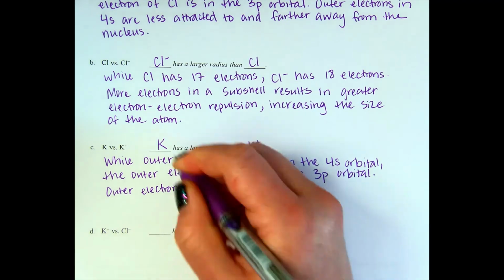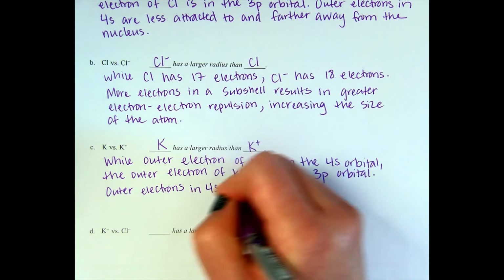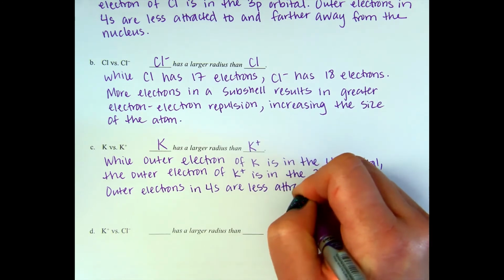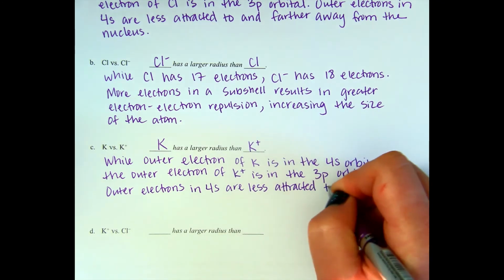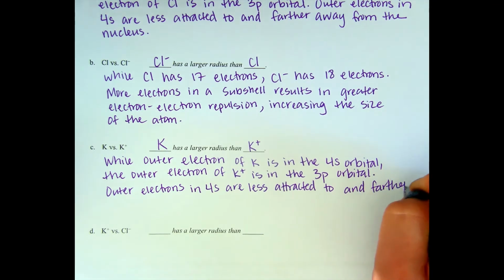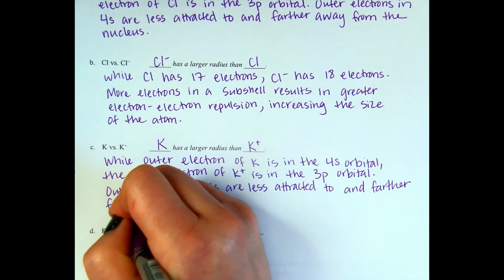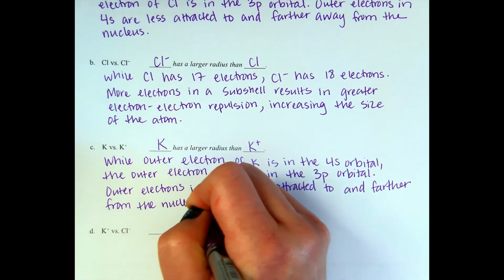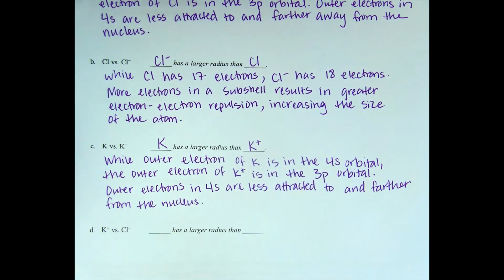Outer electrons in 4s are less attracted to and farther from the nucleus, resulting in a bigger atom.